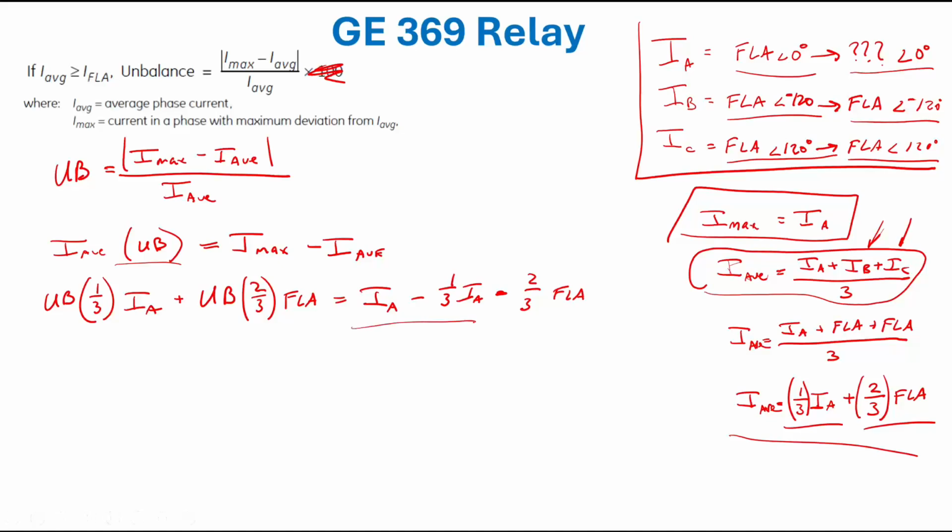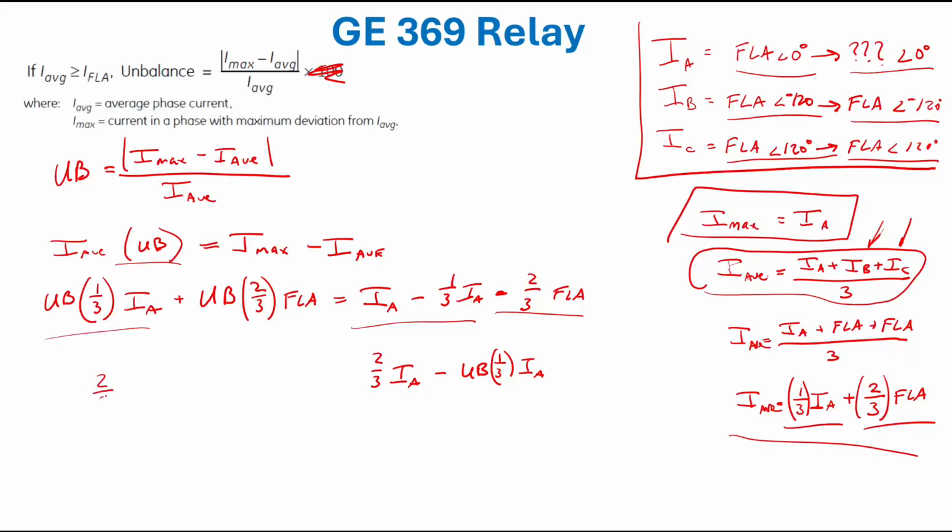We can definitely combine this, and let's move this over to the other side. And that's going to essentially be 2/3 IA minus UB 1/3 IA. And I'm going to take this and add it to the other side.